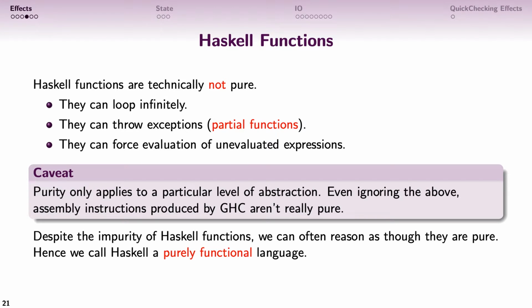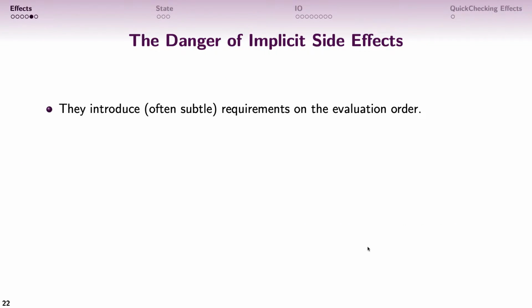So why do we have to do this? Why do we care? Well, if we allow our functions to just do any arbitrary side effects, then one of the major problems this causes is that it introduces requirements on the evaluation order.